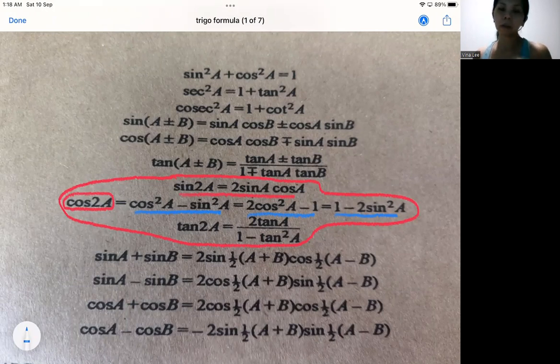In the O level format, they give you sine 2A, cosine 2A, and tangent 2A, but you must be able to write the double angle into sine 4A, cosine 4A, or tangent 4A. You must understand the logic of double angle. This is how the O level formula will be given, so your job is to be able to twist the double angle.